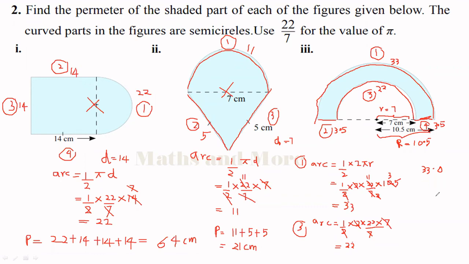Or otherwise directly add this way. 33, this is 33, this is 22. You know 3.5 plus 3.5 is 7. So write 7 here. 3 plus 2, 5, 5 plus 7, 12. 3 plus 2, 5, 5 plus 1, 6. So what is the perimeter? Perimeter 62 centimeters. Yes, correct. Very good.